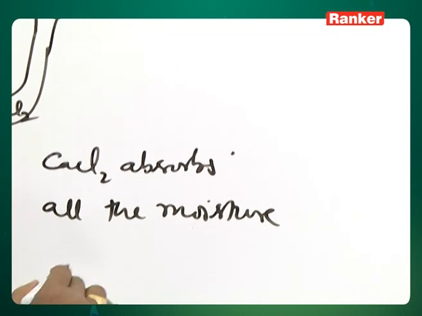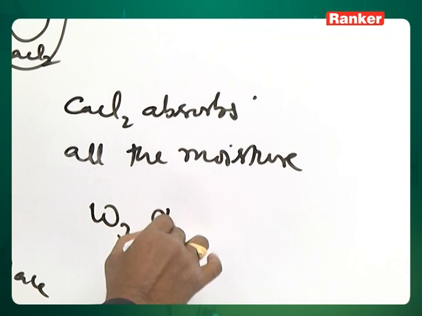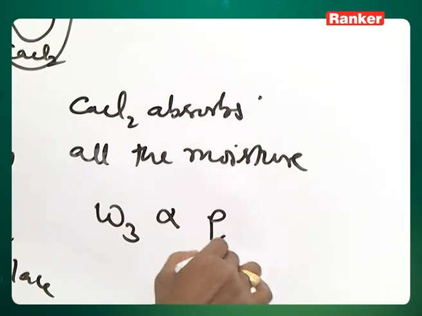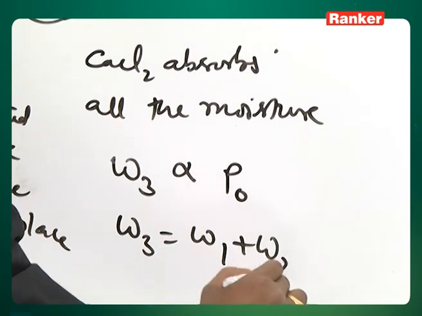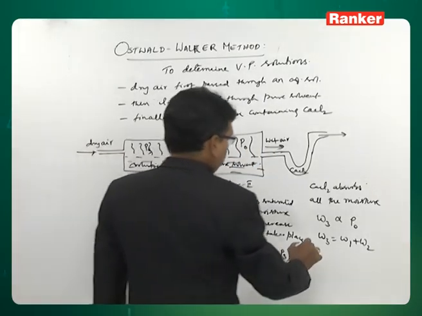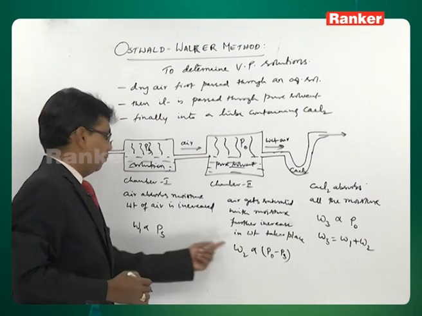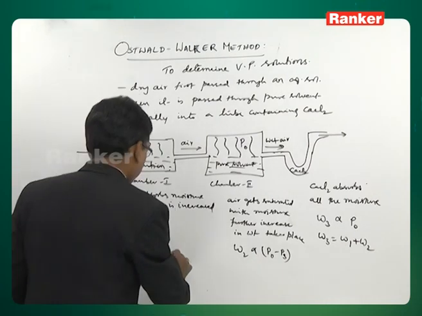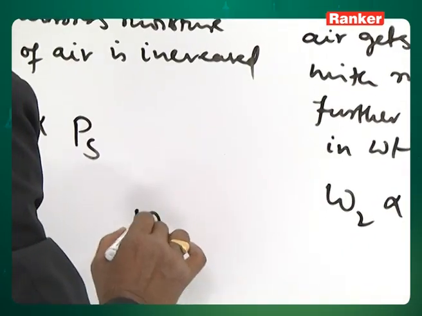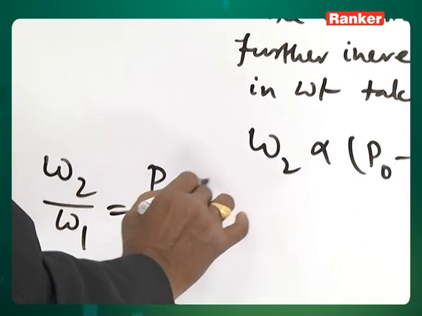So, the total weight W3 is proportional to P naught, where W3 is equal to W1 plus W2. W1 is proportional to Ps, W2 is proportional to P naught minus Ps. So, from this I can write W2 by W1 is equal to P naught minus Ps by Ps.